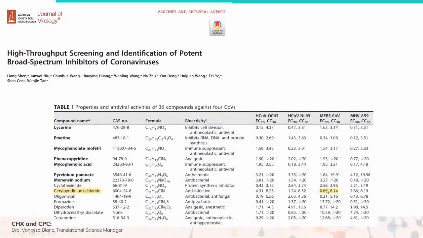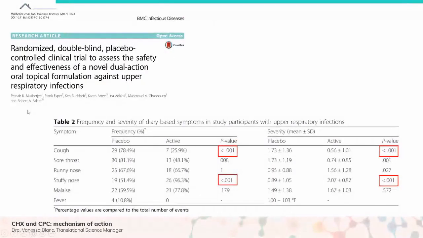So, these are really good news. And the only study that has been conducted on humans using CPC is this study that I'm sharing with you. It was done to evaluate the efficacy of using an oral formulation in the form of a spray with 0.1% of CPC on an infection by viruses that cause respiratory infections.